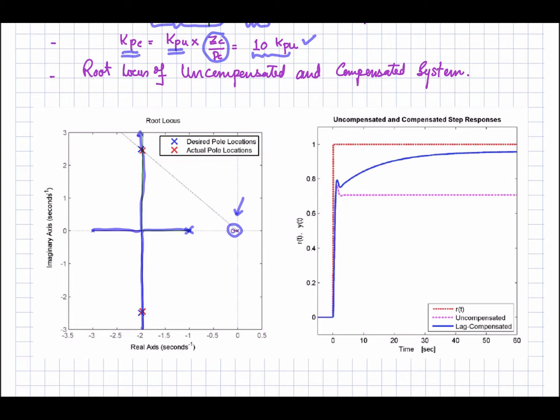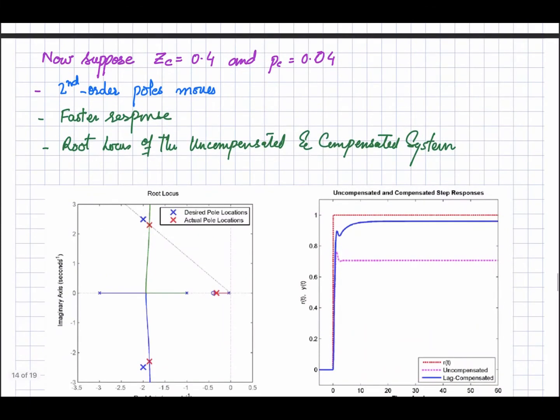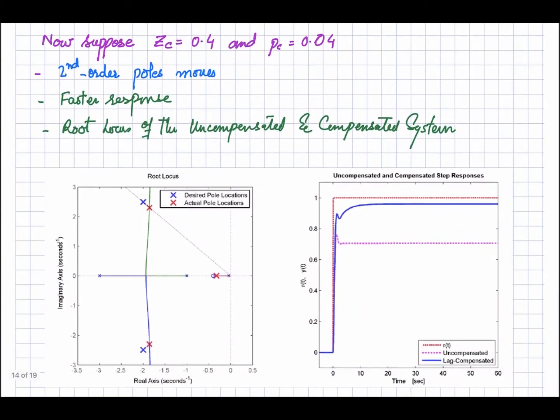So with the introduction of the lag compensator, we still have some steady state error, but it's easier to implement the lag compensator as compared to the ideal integrator at the origin. Now let's suppose we increase ZC to 0.4 and take PC equal to 0.04. What will be the response?